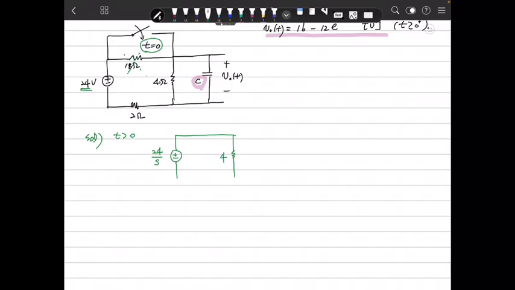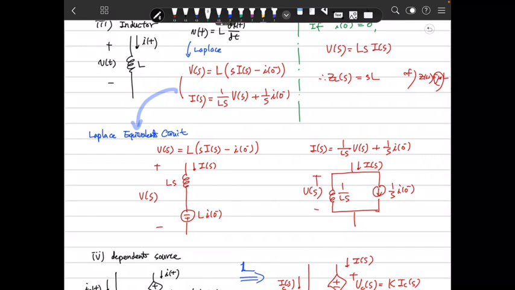So in the case of Laplace, this is 4, and also this is a resistor, so the value is 2. And we have one capacitor and a series voltage source here.